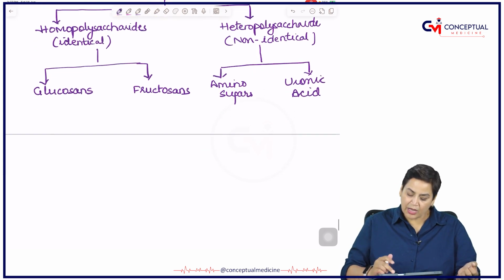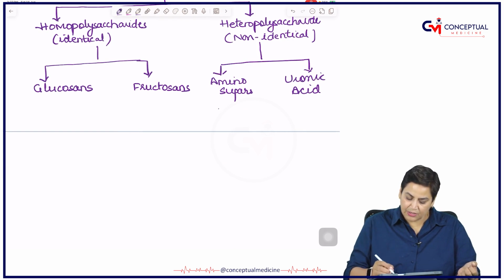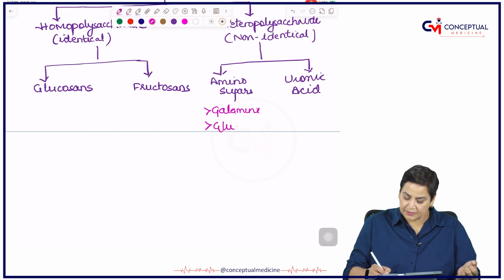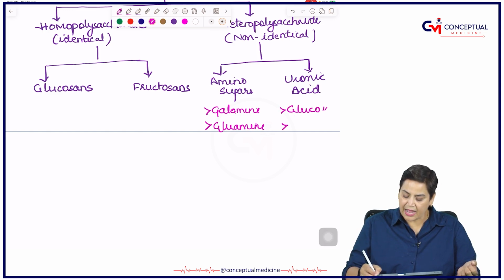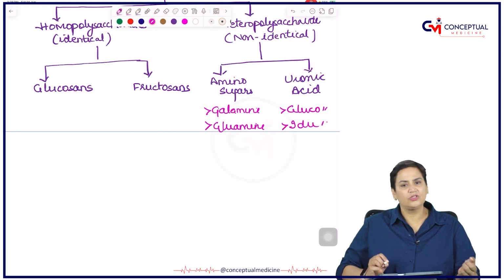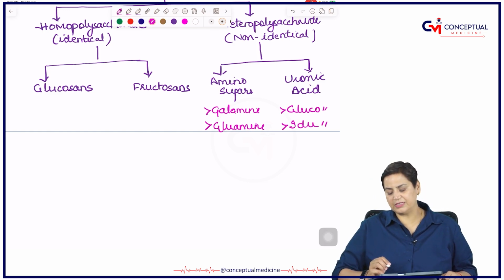Amino sugars can be galactosamine or glucosamine. And uronic acid can be glucuronic acid or iduronic acid. So depending upon their presence, they have different components.